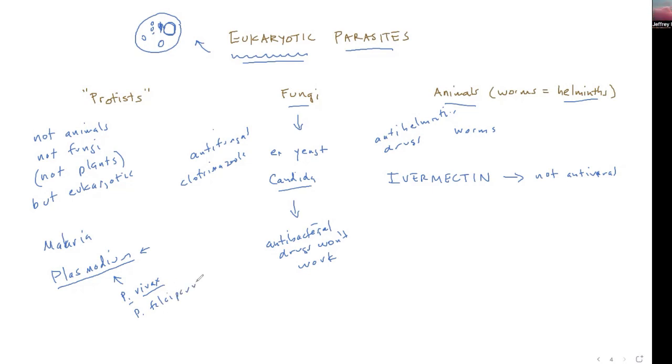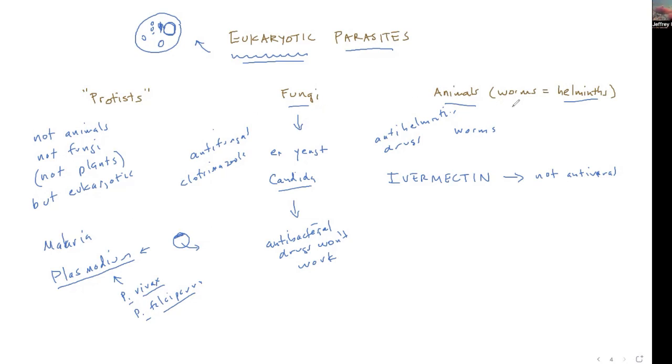And none of these are actually mosquitoes. They are things that kind of look like this, right? Okay. They have a little apical complex. And there are cells that look like this, and they will infect red blood cells, and they will cause you to get malaria. But the actual organism is a microbe, right?